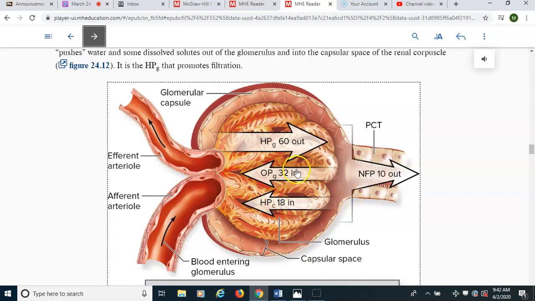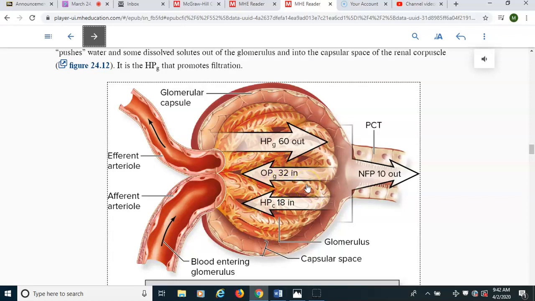All right, so the other pressure that's also opposing the movement of substances out of the glomerular capillaries is the colloid osmotic pressure. So that's what the OP stands for, colloid osmotic pressure. Remember, we just said the proteins stay in here. And the proteins, and other substances too, but mainly the proteins, form that higher solute condition in here.